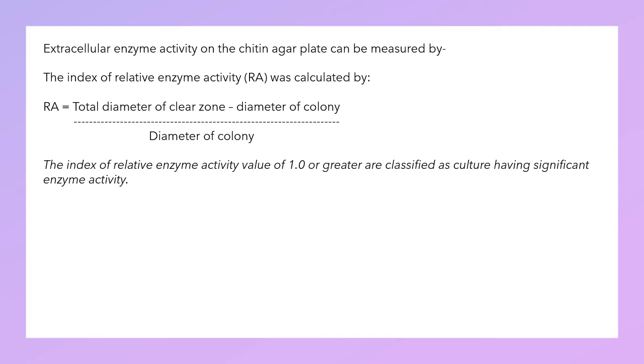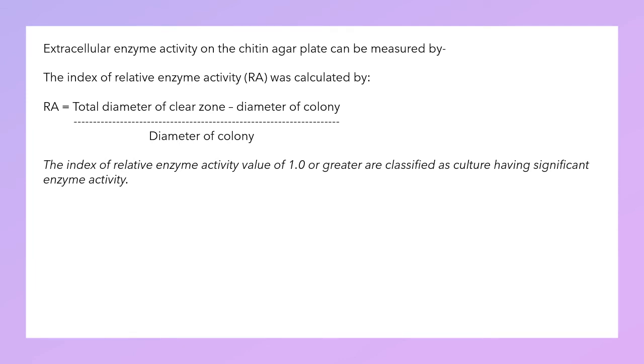Okay, an index of relative enzyme activity value of 1 or greater than 1 classifies cultures as having significant enzyme activity. So the value for RA should be 1 or greater than 1. Those colonies are the ones which you will pick for further testing and identification, as they have significant enzyme activity.